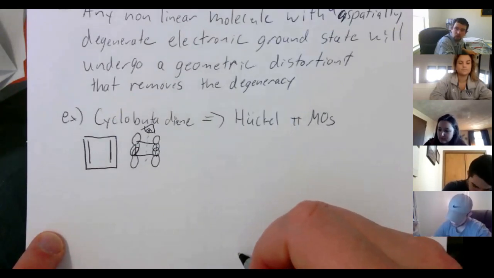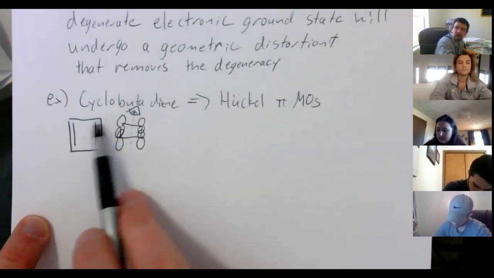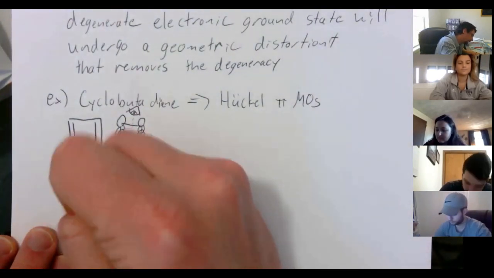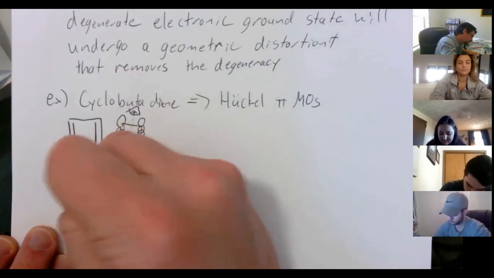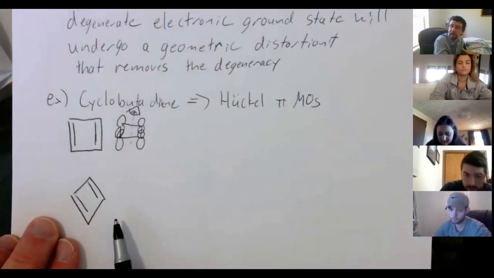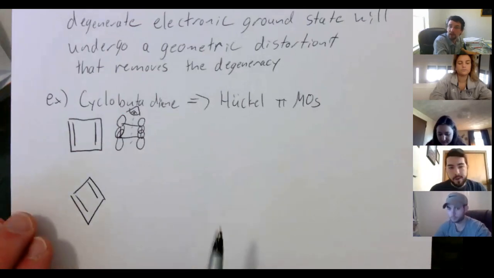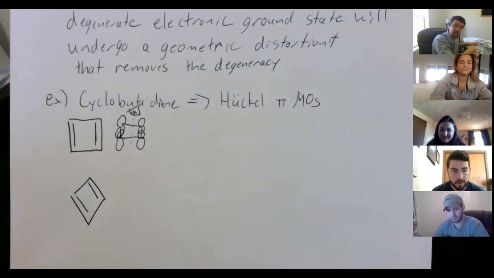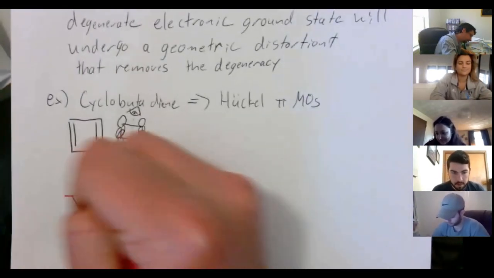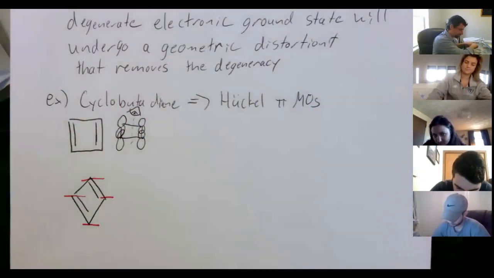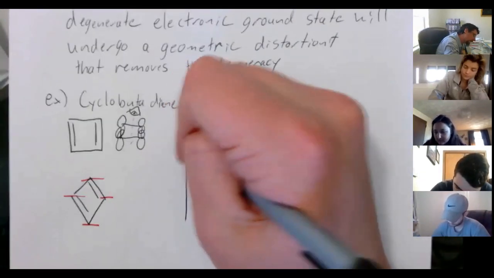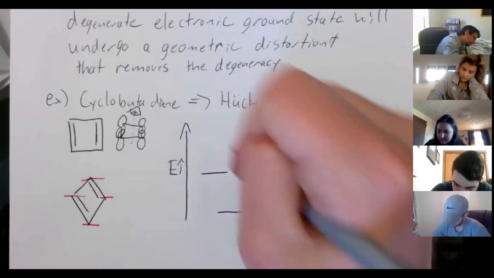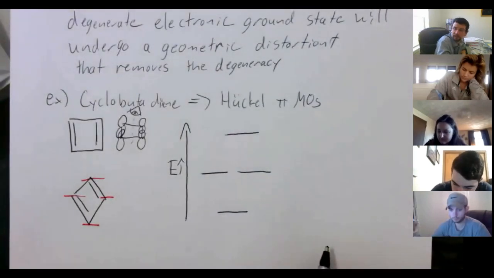The cool thing about Huckel diagrams is if you take a ring-like structure and turn it on a point, that shows you what the molecular orbital diagram will look like, with an energy level for each point. So that's what the MO diagram is going to look like.